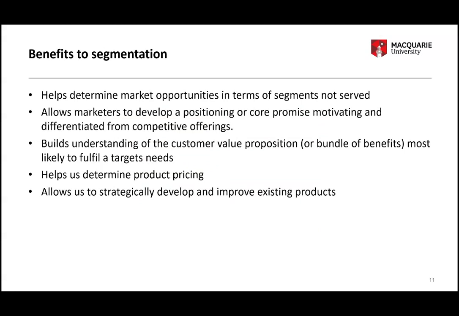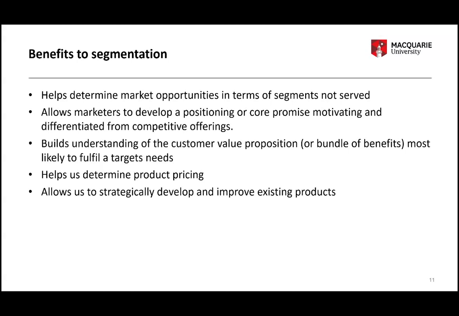It helps determine market opportunities in terms of letting us identify what segments of the marketplace may not yet be served by a competitive offering. If there is a segment that is not served, clearly that may create an opportunity for a brand to develop a product or service that adequately meets that segment and their needs. It allows marketers to develop a positioning or core promise that is motivating and differentiated from competitive offerings.